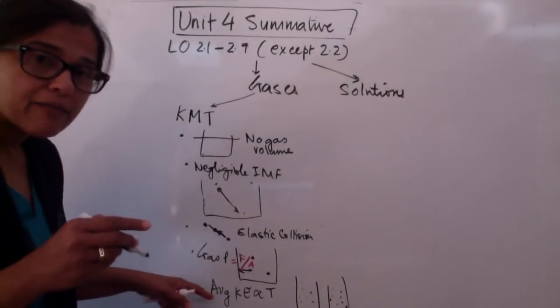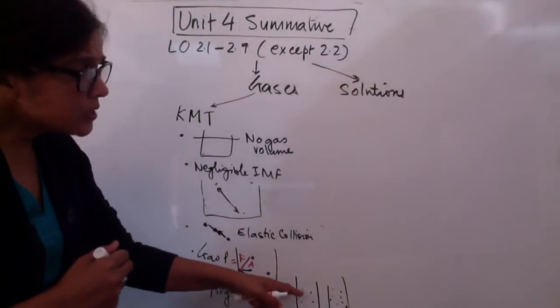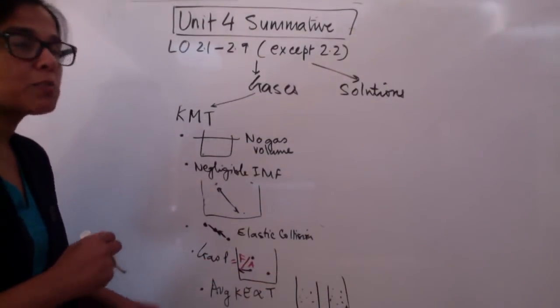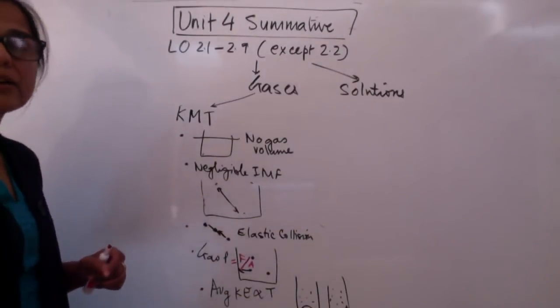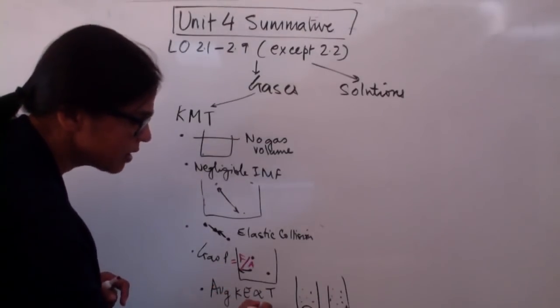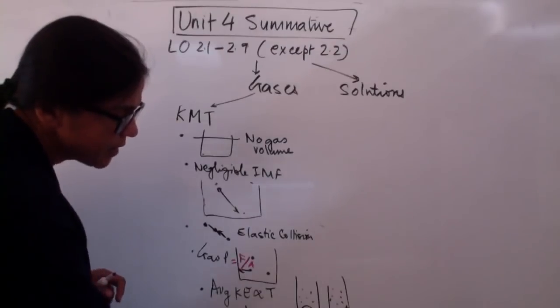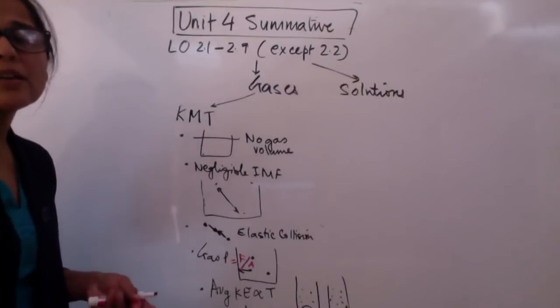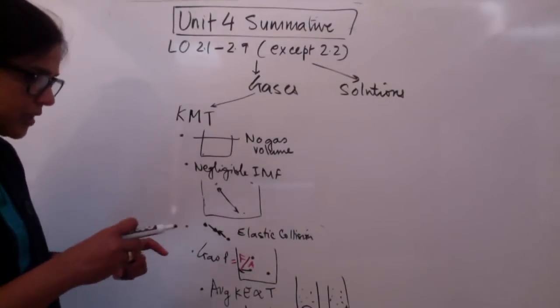Note I'm saying average. But the average molecular speed will not be the same. The lighter gas will have higher average speed because kinetic energy is half mv squared. So if the product is the same, then the one with the lesser mass has to be moving faster to get the same product. Okay, so this was KMT theory.